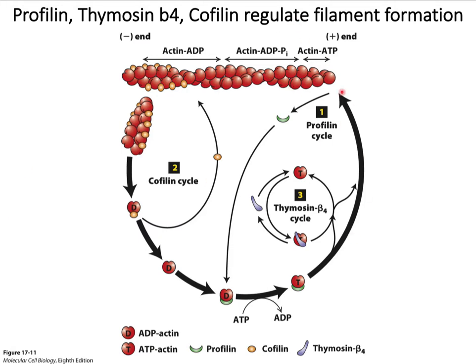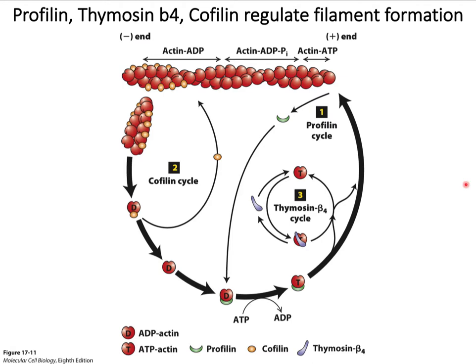So you can see that the fresh new plus end is actin-ATP, gradually hydrolyzed into actin-ADP. The ATP hydrolysis is important for the depolymerization of the actin filaments because it is thought that the hydrolysis slightly changes the shape of the filament so that it becomes destabilized.